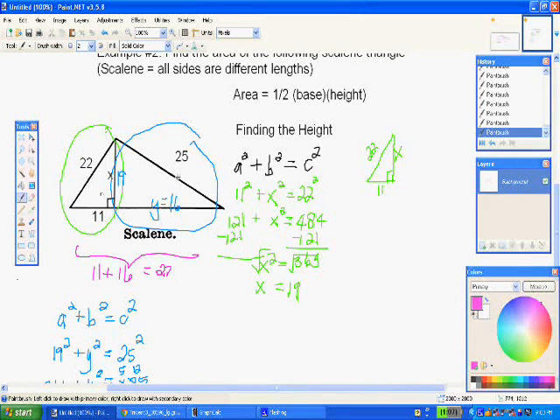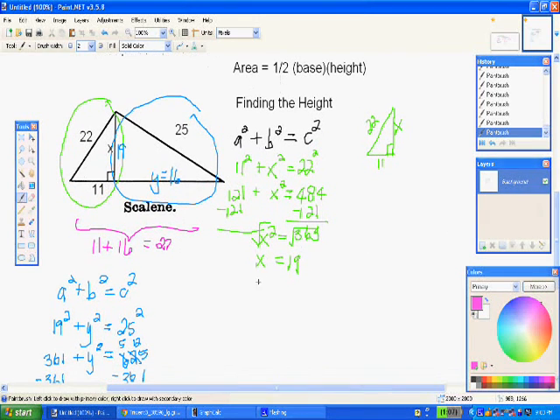So now we have the height, which is 19 right here. And we have the base, which is 27, and now I can use my area formula to figure out the area of this triangle. Alright, area. I'm going to write the formula again down here.